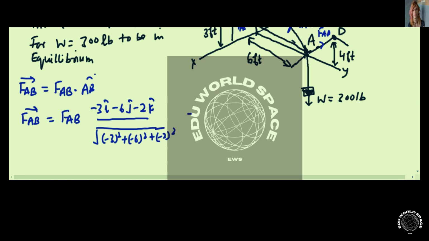So this force would be minus 3 FAB divided by 7 I cap minus 6 FAB divided by 7 J cap. Sorry, I have written here wrong. This is plus. So plus 2 by 7 FAB K cap.